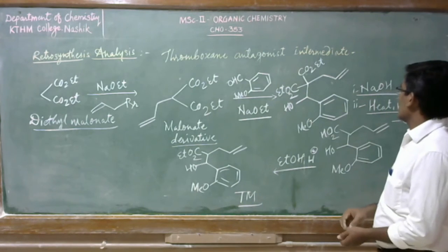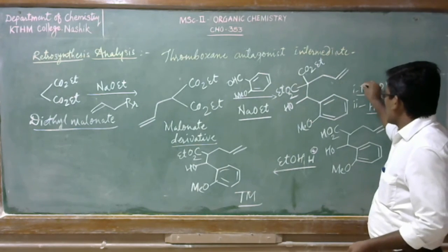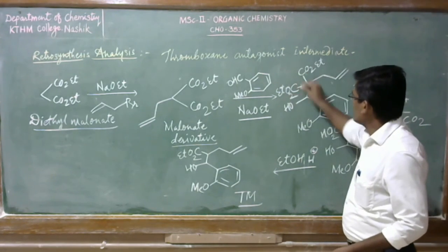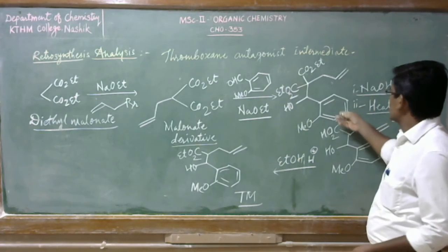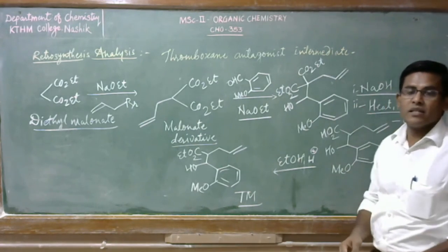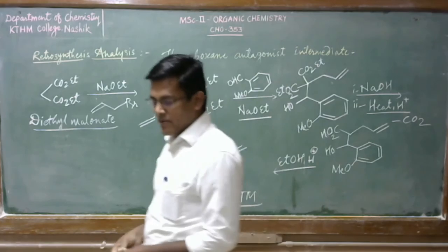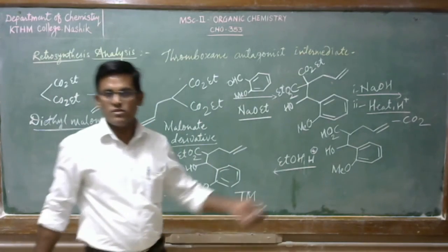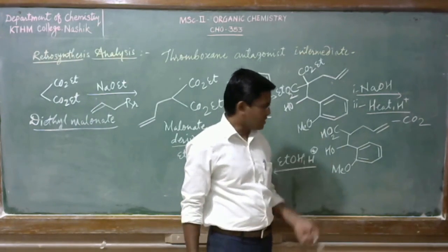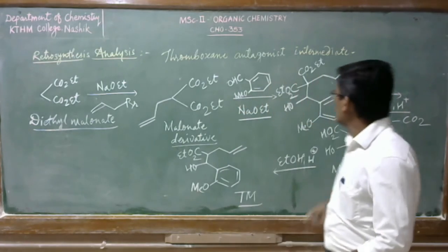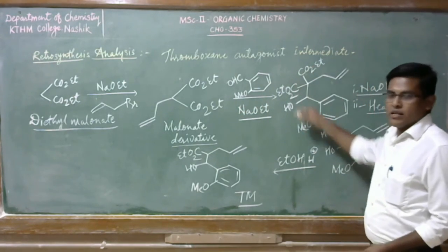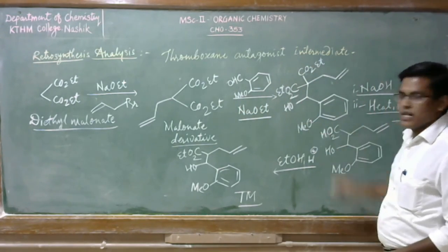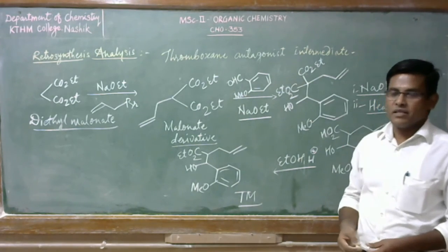Then in the next step, hydrolysis of the ester groups followed by heating in the presence of acid gives the acid. Here one acid group will go away and one acid will remain as it is.